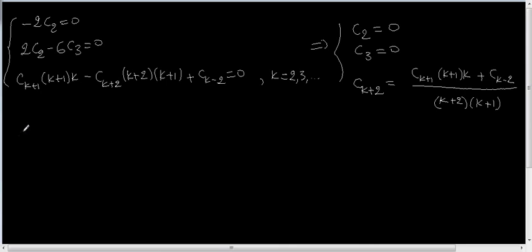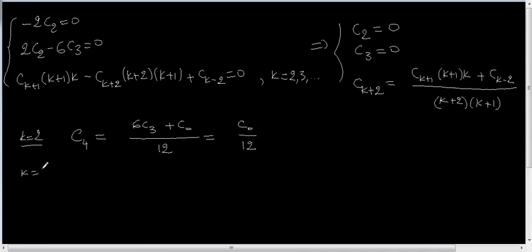The next will be when k equals 2, which will give us c4. Now for c4, I replace k with 2, that means 3 times 2, 6 c3, plus c0, over, when k equals 2, we have 4 times 3, that means 12. But c3 is 0 from the previous equation, so we obtain that c4 is c0 over 12.